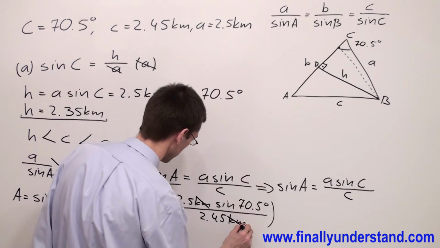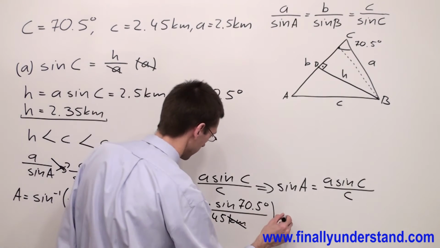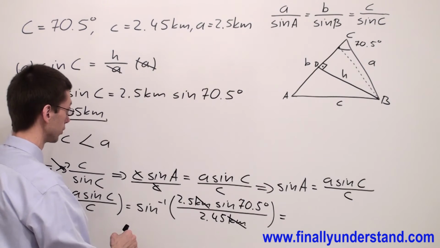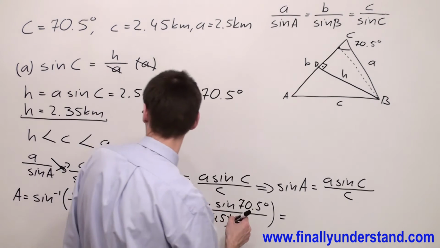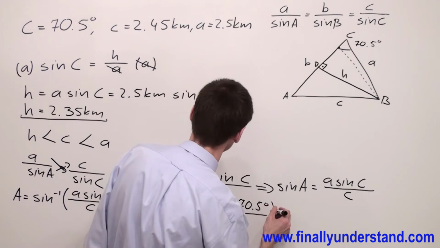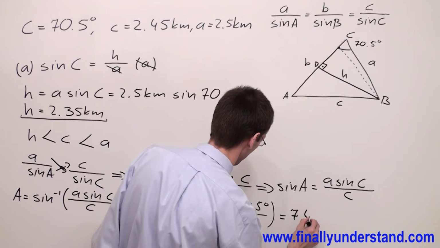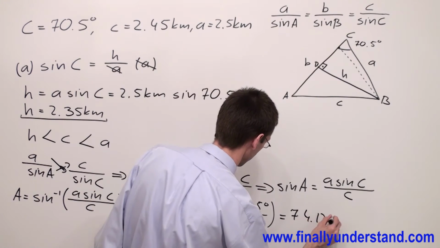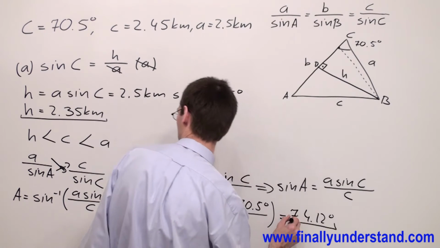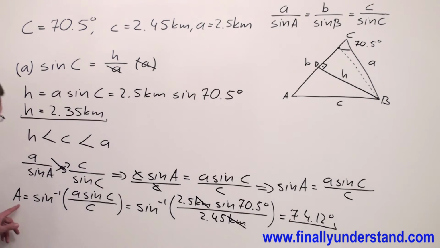Kilometer and kilometer will cancel out. Okay, use the calculator to calculate the angle A, and you're supposed to get 74.12 degrees. This is my angle A.